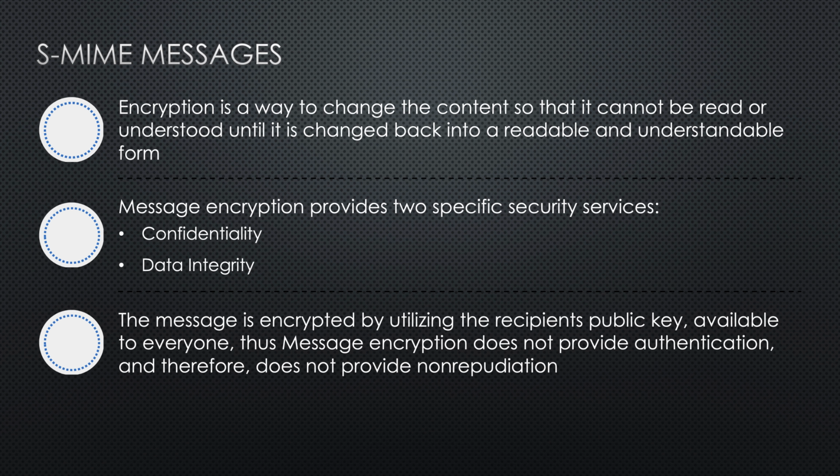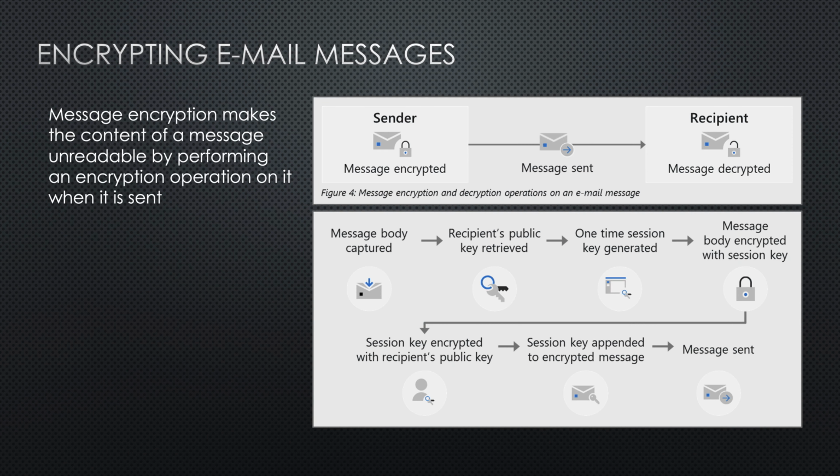The message is encrypted by utilizing the recipient's public key, and the public key, as I've said, is available to everyone. Thus, the message encryption doesn't provide authentication, and therefore it doesn't provide non-repudiation. So this is one of the reasons why you need to use both.